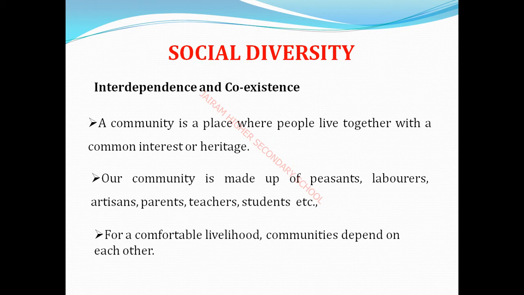So regarding that, we are going to see interdependence and coexistence. Interdependence means each and everyone has to depend on one another, and coexistence means we have to work together, mixed along, doing the work together.